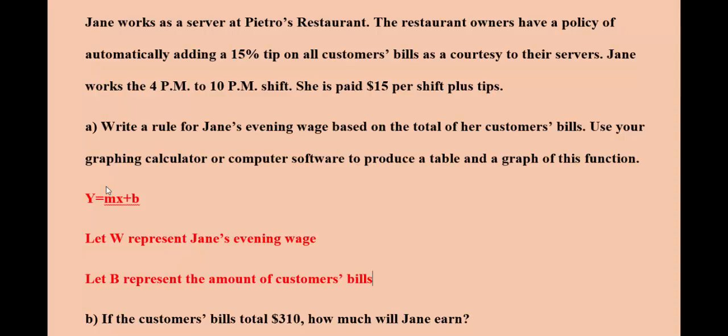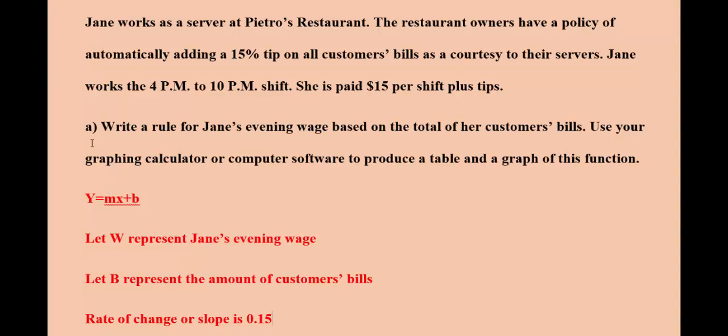And we need to find the slope here. What is the slope? It is 15% of bills. If we change 15% to decimal, so m, the rate of change, or slope, is 0.15. 15% is 15 divided by 100, we get 0.15.